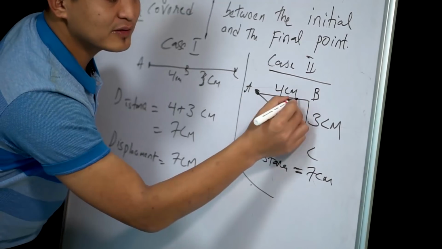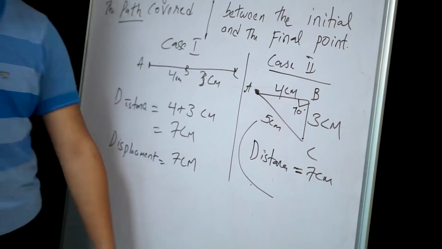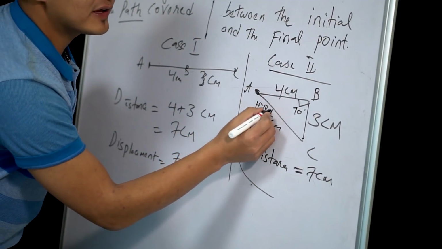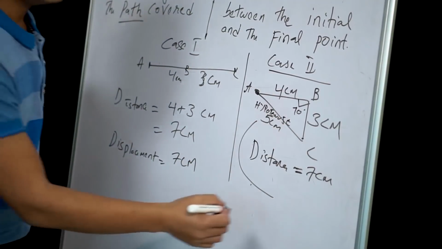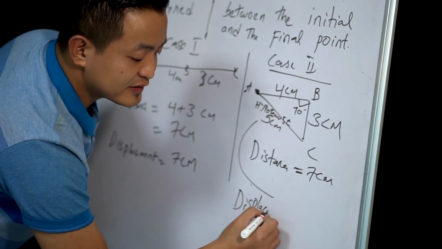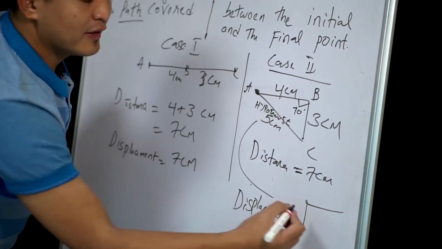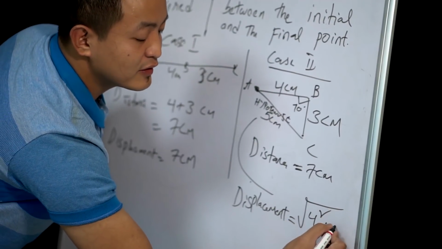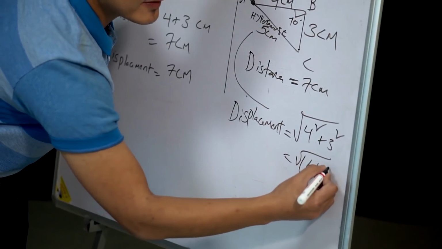How do we get this? Because here, angle B is 90 degrees. That means it's a right angle, so this is the hypotenuse. So we'll apply the Pythagoras theorem here. The displacement would be, by applying the Pythagoras theorem, the square root of 4 squared plus 3 squared, that is the square root of 16 plus 9.